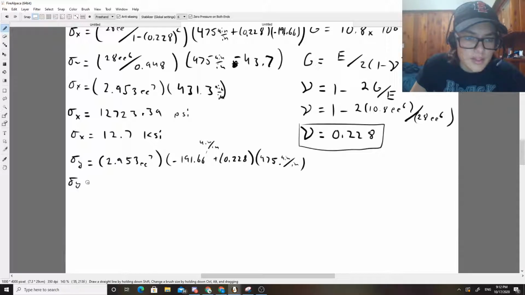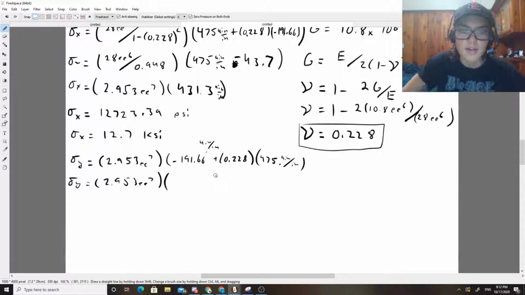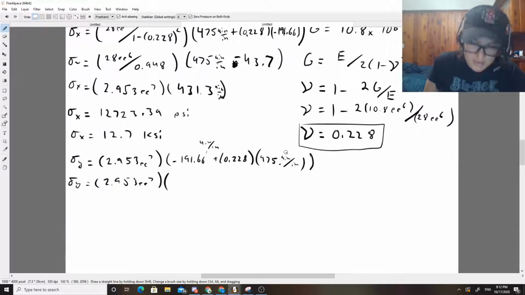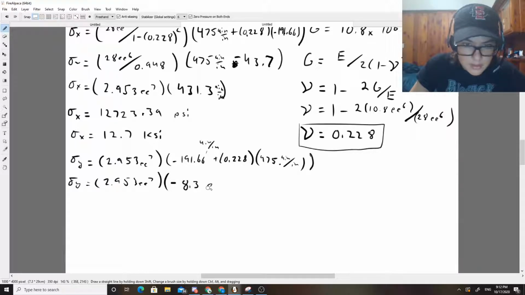So stress y is equal to 2.953 e to the 7th times (475 e to the negative 6 times 0.228 is equal to that, and that's going to be that minus 191.66 e to the negative 6). That's going to give us a negative number, negative 8.3 something e to the negative 5.